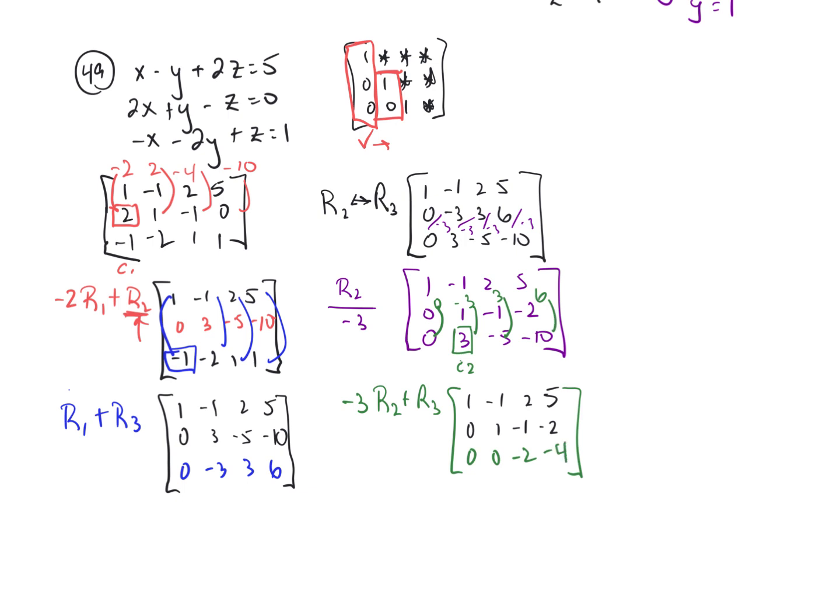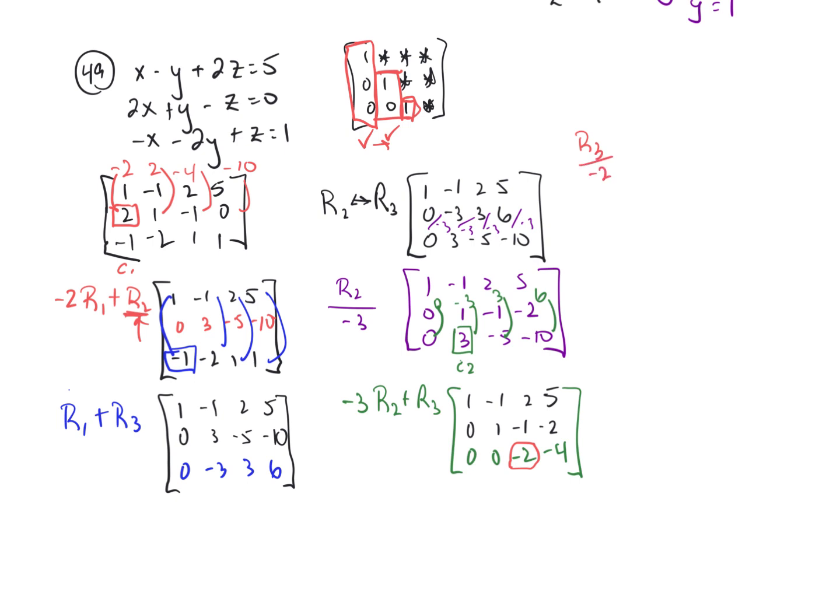I'm almost done. I did get done with column 2, and so I'm going to move over, and the last thing I'm looking for is this +1 in column 3, which means I have to get this to be a +1. So to do that, I'm going to divide row 3 by -2.